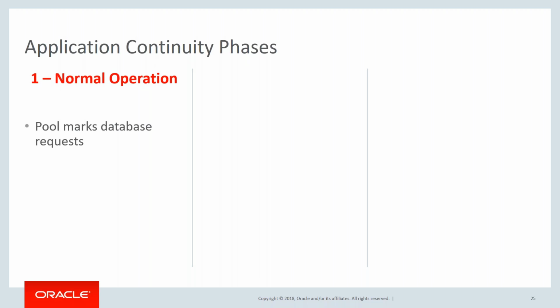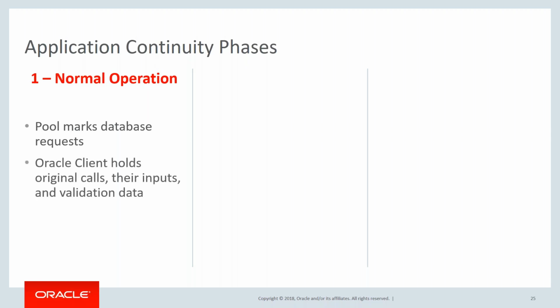Well, if a pool is using application continuity, it will know that in the connection pool that AC equals true. So what happens is that when there's a database request, the pool marks database request boundaries, and a database request boundary is just a unit of work. And for each unit of work, the Oracle client library, in this case OTP.NET, will hold or capture the calls, the inputs, and the results of those calls.